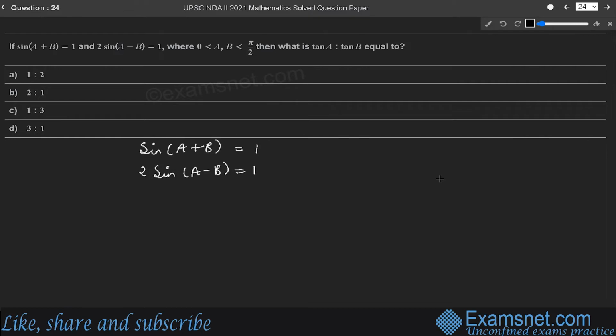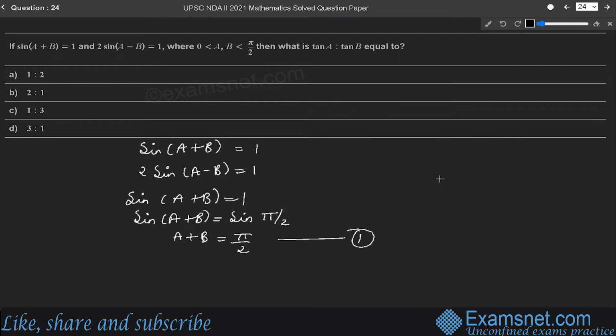We have to find the ratio for tan a and tan b. We know that sine a plus b is equal to 1. It means that sine a plus b is equal to sine pi by 2. So from here we will get the value for a plus b, which is pi by 2. Let this be equation number 1.